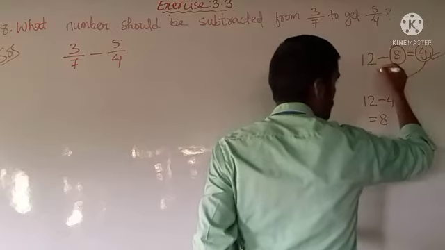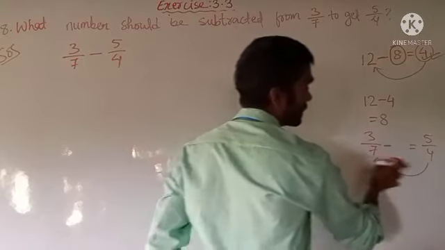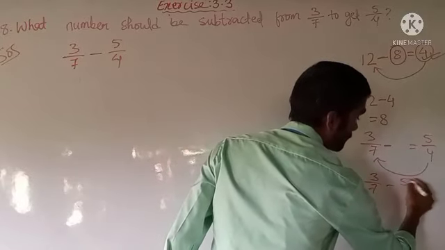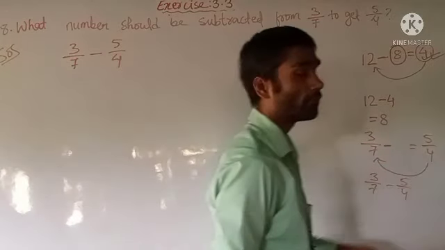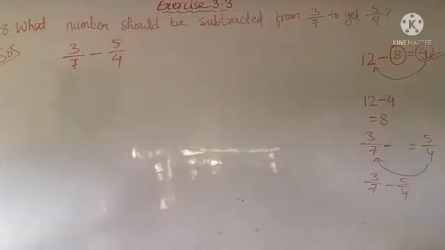The same thing we'll do, that is this one minus this one. So we'll subtract these two numbers, that is 3 by 7 minus 5 by 4. Whatever we get, we can write here. So let us subtract it.